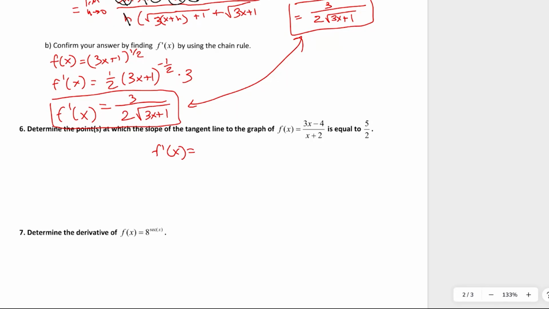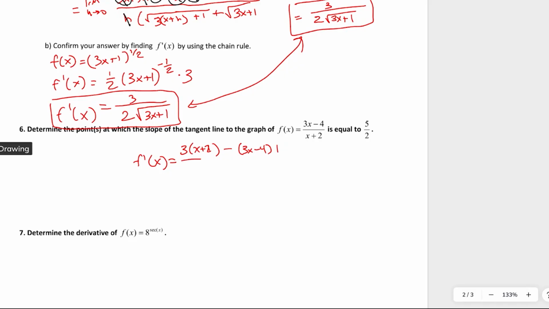So the derivative of the top is going to be 3 times the bottom, which is x plus 2, minus the top, which is 3x minus 4, times the derivative of the bottom, which is 1, all over x plus 2 squared. Okay, so now I can simplify that numerator.